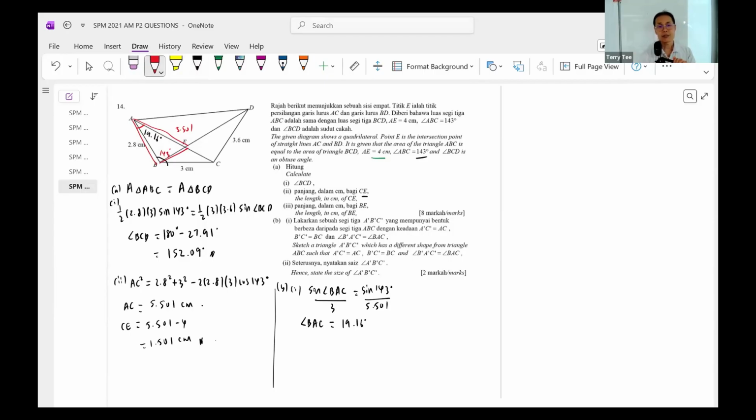After I got this 19.16, I want you to focus on this smaller triangle. Why? So I'm finding BE. And I know AE already. Guys, what's your AE? AE is 4, right? AE is given. Okay, I use cosine rule now to find BE. So BE square is 2.8 square plus 4 square minus 2 times 2.8 times 4 cos 19.16.